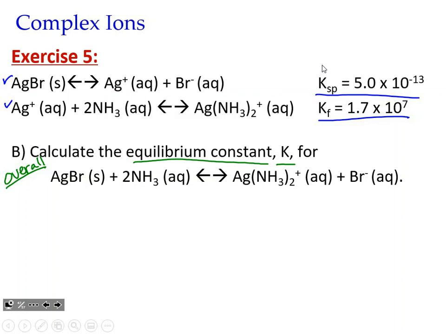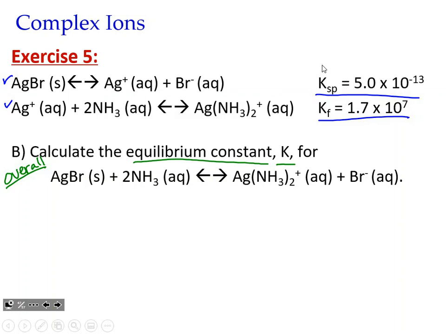Good. If we multiply it by a factor, what do we do to the K? Yes, raise it to the power of that factor, right? And then when you have your series all lined up, ready to cancel, just like a Hess's law problem, what do you do with your K values to find the overall? Yes, you multiply, exactly right.